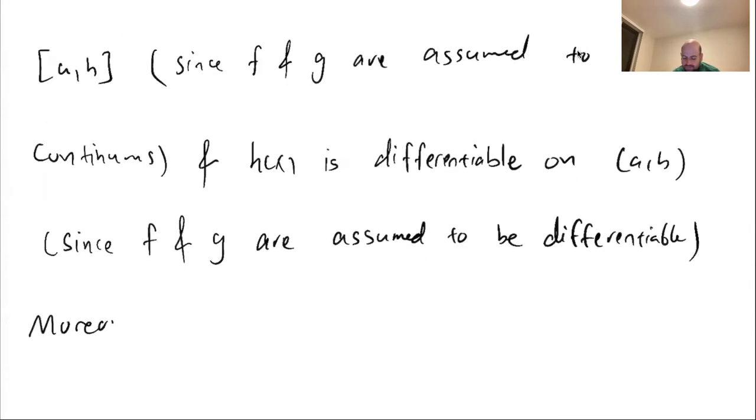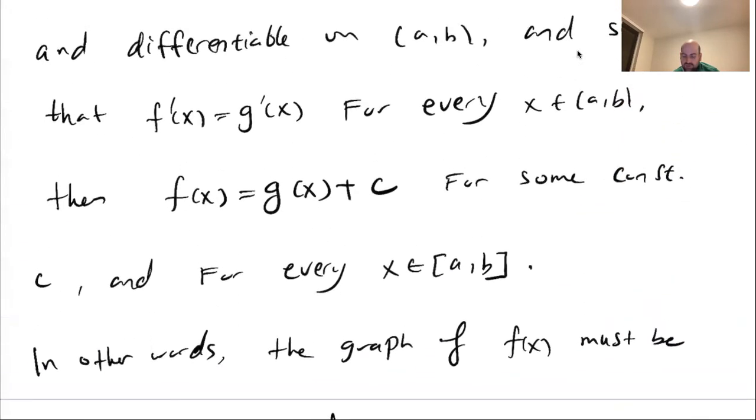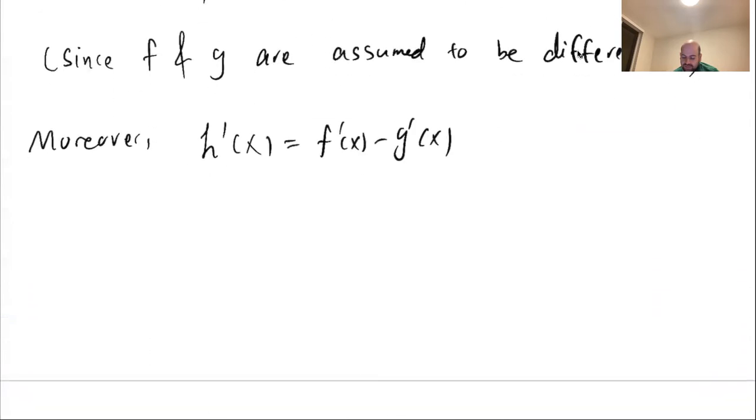Moreover, h prime of x is equal to f prime of x minus g prime of x according to the derivative rules. And f prime minus g prime is equal to 0 because according to my assumption, f prime is equal to g prime. So f prime minus g prime equals 0.